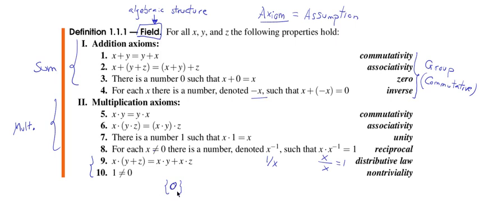We would have a field that's only the number 0. So in order for the field to be non-trivial, we need this property. This is what it says here.